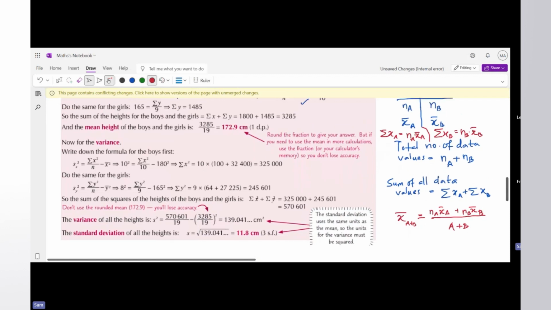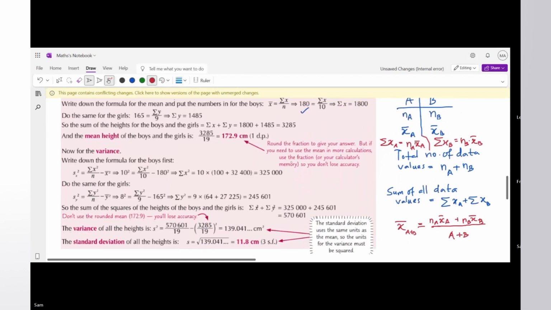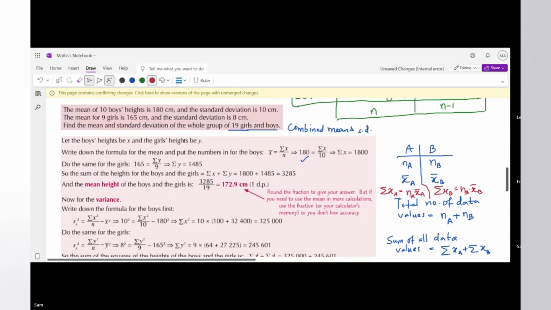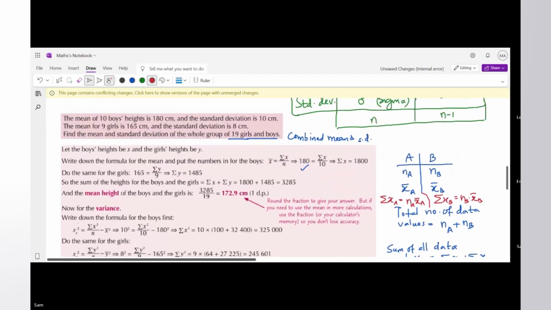You can see, you were told that the average of boys is 180. And how many boys were there? 10, correct? 10 boys with average 180.